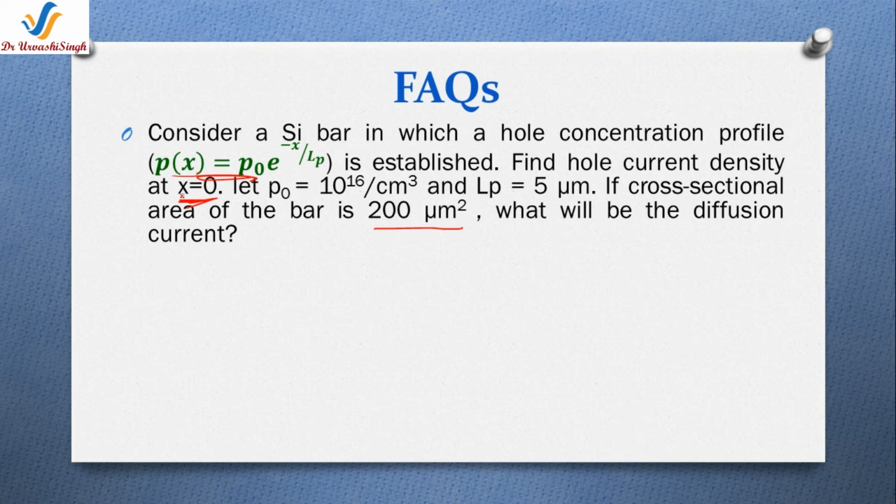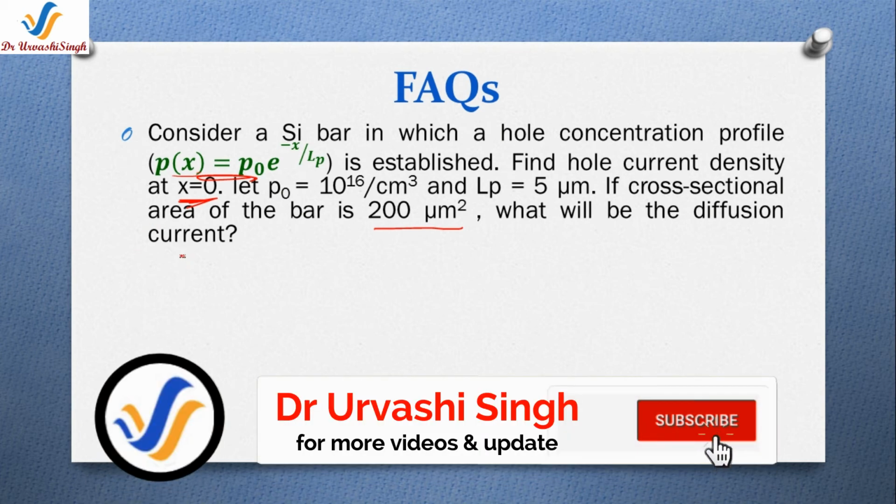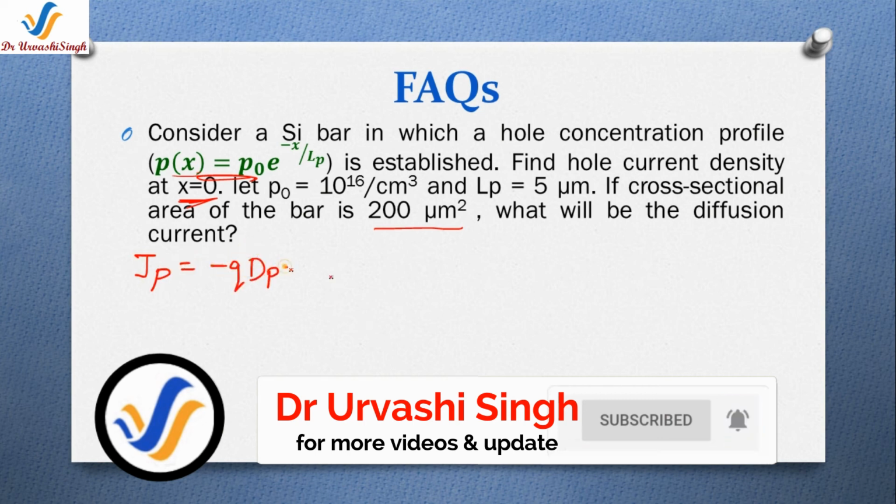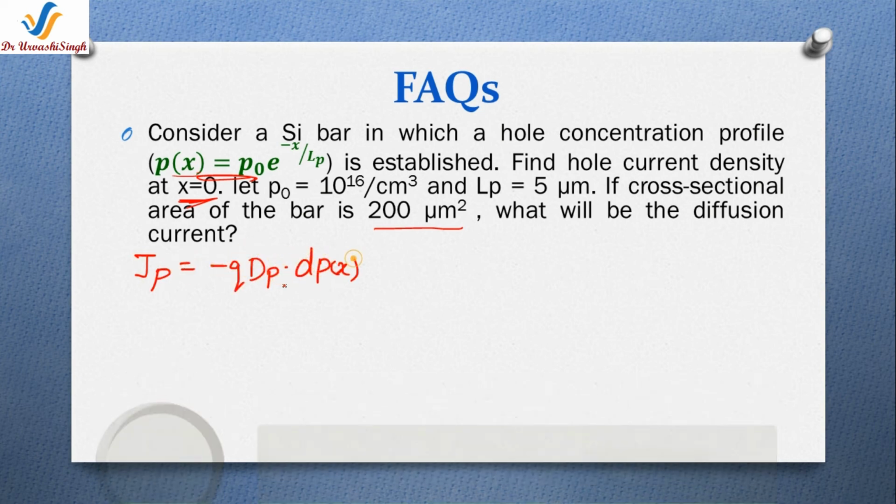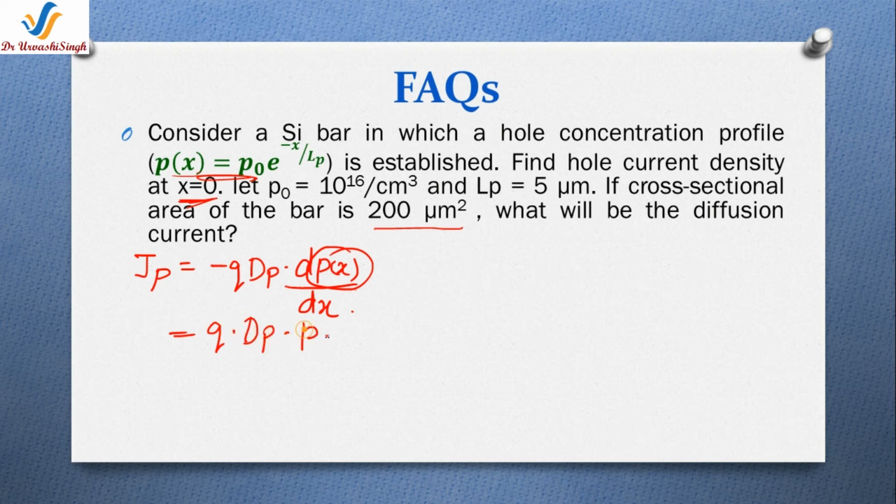So first of all, the diffusion current density for the holes is given by minus q Dp dp(x) upon dx. So you need to find out the differential of the concentration profile, and differentiating it you will get q Dp p naught upon Lp.